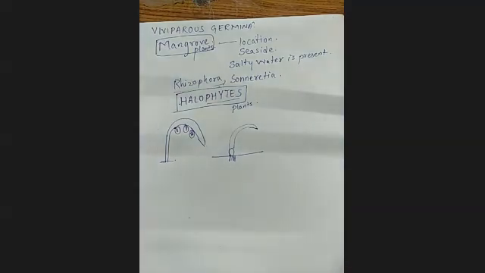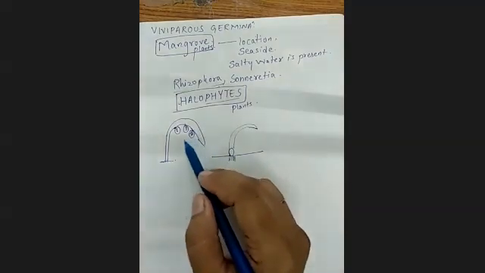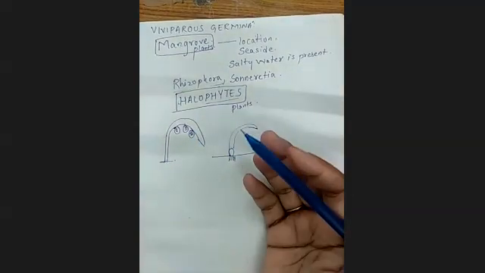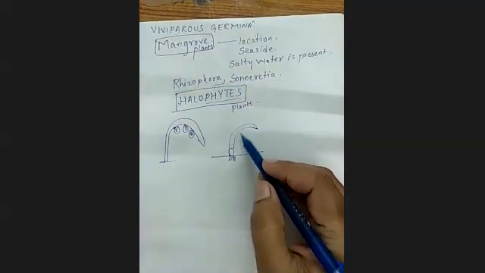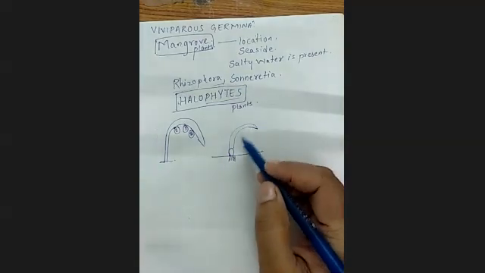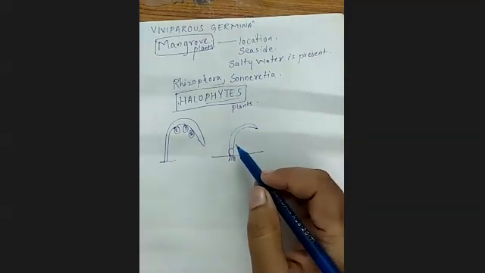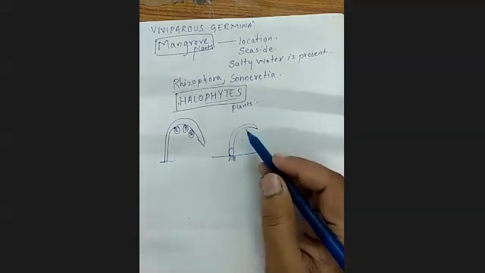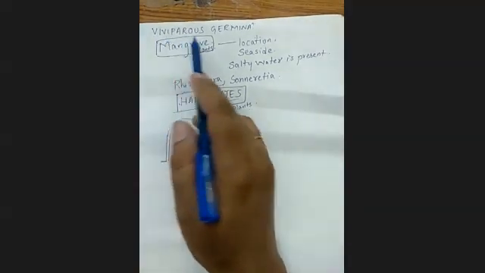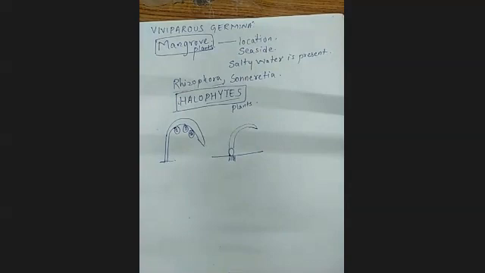Because this type of germination is occurring, it is termed as delivering a baby. No germination is occurring on the ground, so they are basically delivering a baby. That's why this is called viviparous germination. Understood?